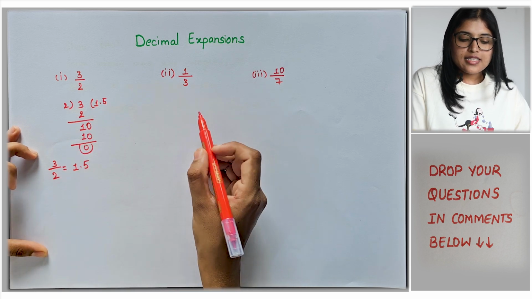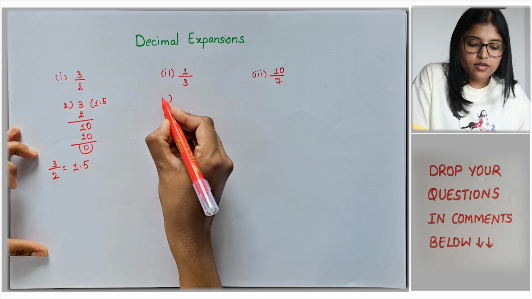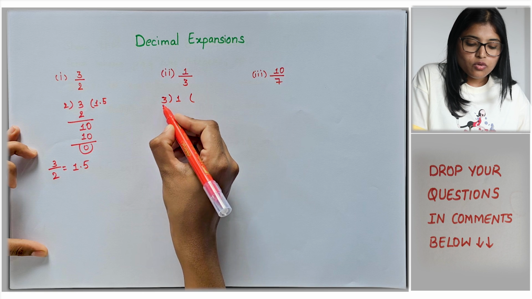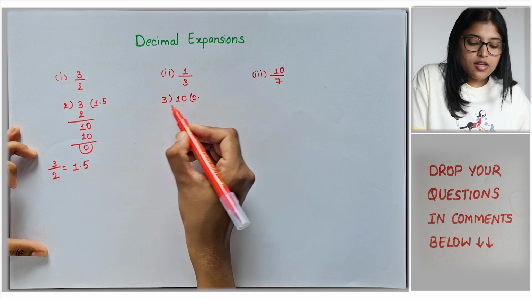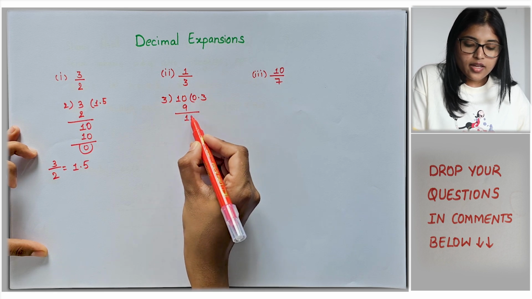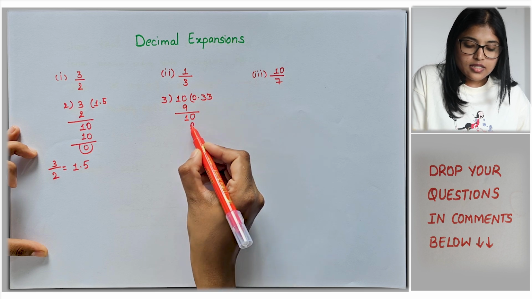Let's move on to the second fraction, 1 by 3, and try to find a similar decimal expansion for this one. So 3 goes here, 1 goes here. So 1 is smaller than 3. We have to start with a decimal. 3 3s are 9, and I get 1 again, but because we had a decimal there's a 0, so 3 3s are 9 again.